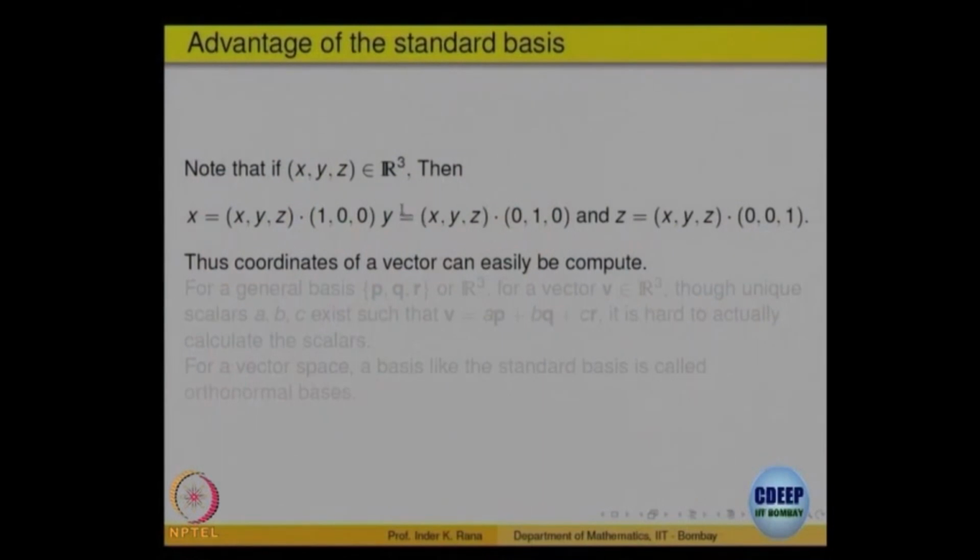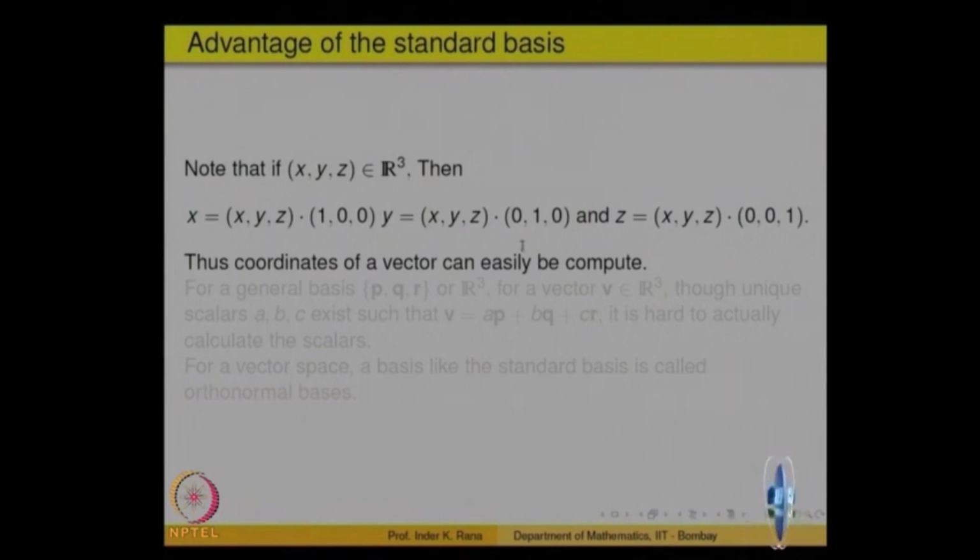If instead of (1, 0, 0), (0, 1, 0), I had some other basis, then I would have to write (x, y, z) equal to alpha times v1 plus beta times v2 plus gamma times v3, and then solve those 3 equations in three variables to get alpha, beta and gamma. Those will be the coordinates of that vector with respect to that basis, right. I have to do a lot of work, but here I simply have to take a dot product.